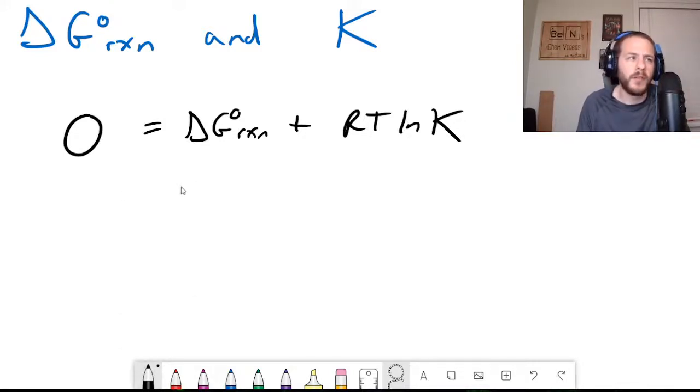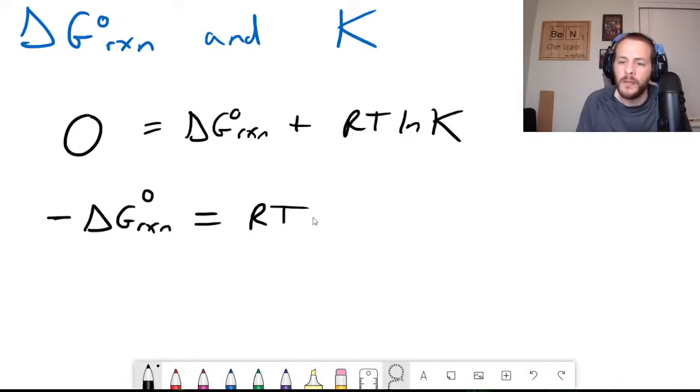And so if we rearrange this a little bit, I'm just going to subtract delta G from both sides of this equation, right? So we have minus delta G for this reaction under standard conditions is equal to RT ln K. And then finally, if we multiply this whole equation by -1, we get that the standard Gibbs free energy change for the reaction is equal to minus RT ln of K, right?